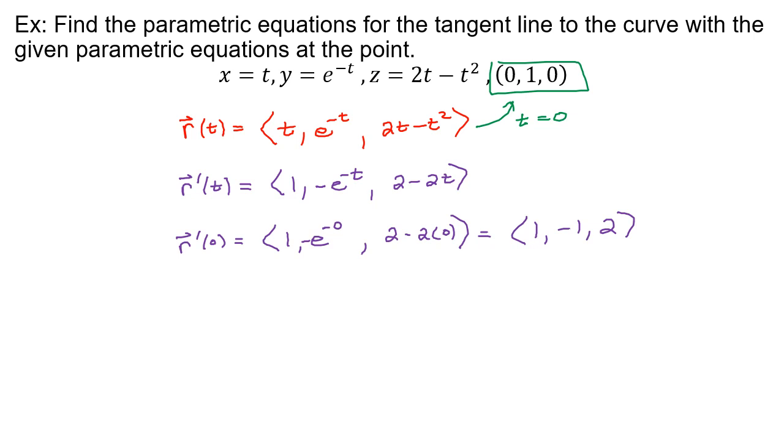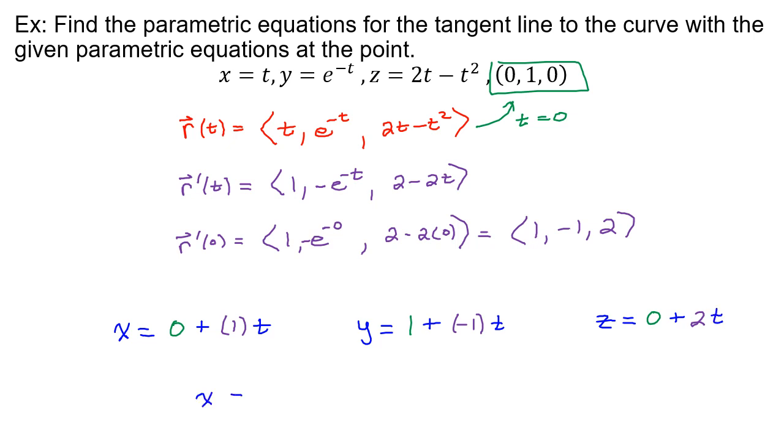But now I have a vector and a point. So I'd have x equals my point, which would be 0, plus the 1 times t. y would be the point 1 plus the vector number negative 1 times t, and z would be the point 0 plus 2 from the vector times t.